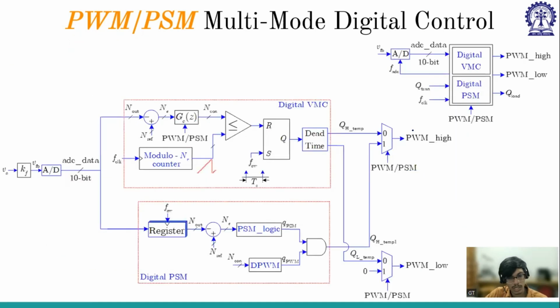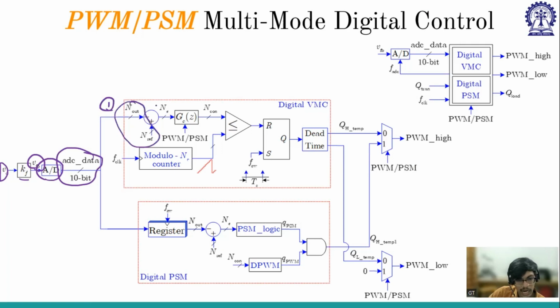So what does this block contain? We know about the digital PWM and voltage mode control, and we know about the digital PSM, so it contains both the blocks. V naught with the gain KF comes to V feedback, then analog to digital, then ADC data. Both need ADC data. First we'll come to the voltage mode control. It is subtracted from the I reference, generating error.